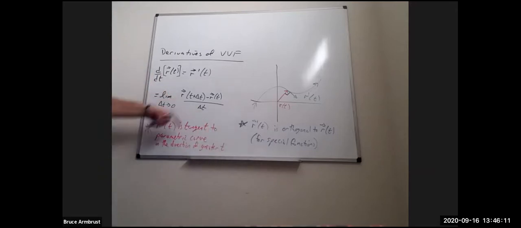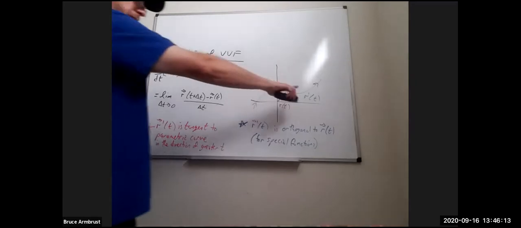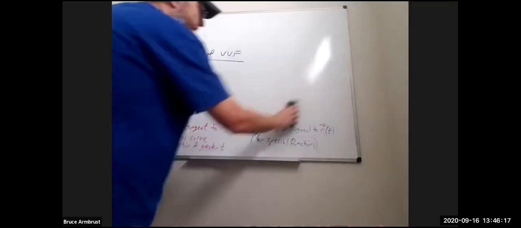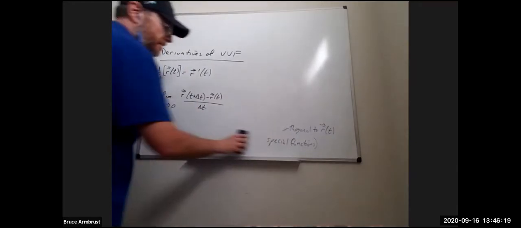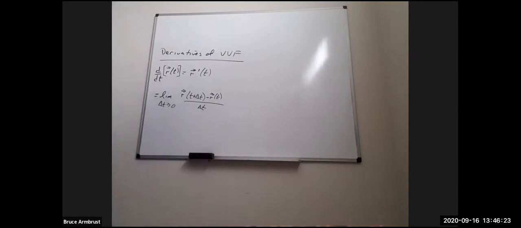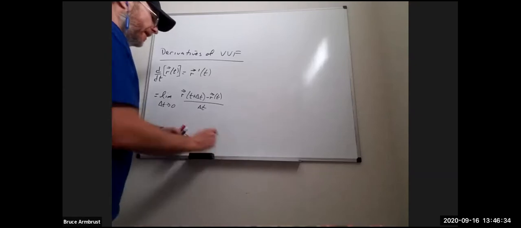All right, so now that we've seen what happens geometrically, that it is pointing tangent to the curve, let's now talk about how we calculate it. What we're going to do is our usual. Let's do it one time so that we know every single one is done exactly the same way.